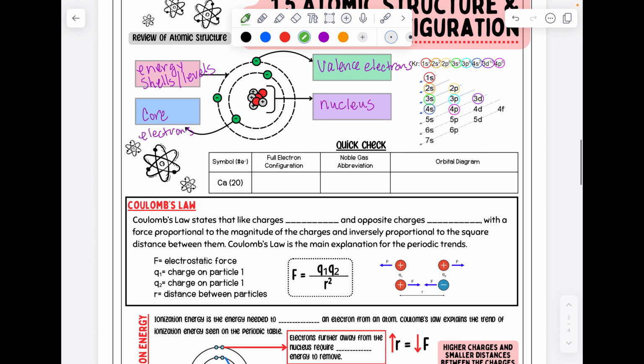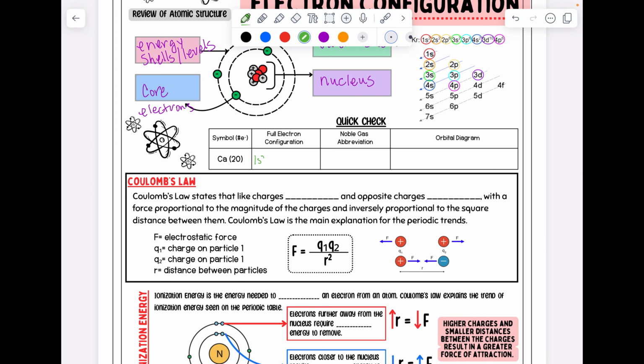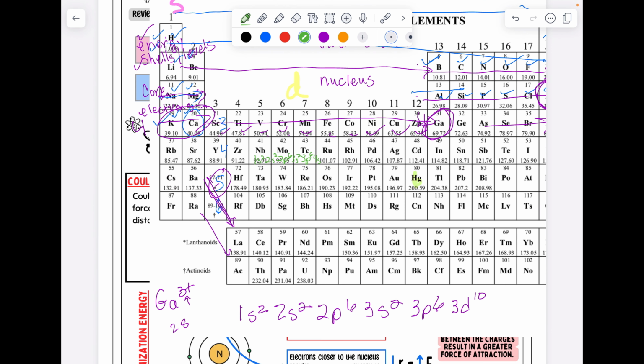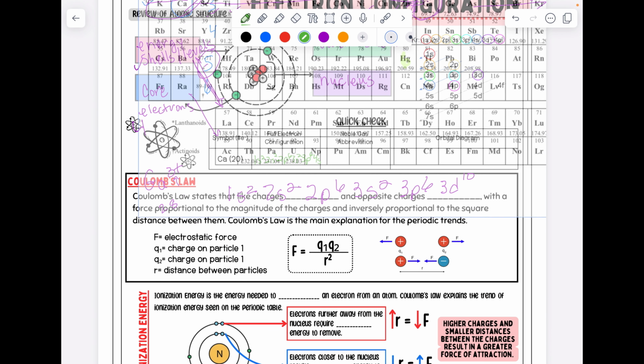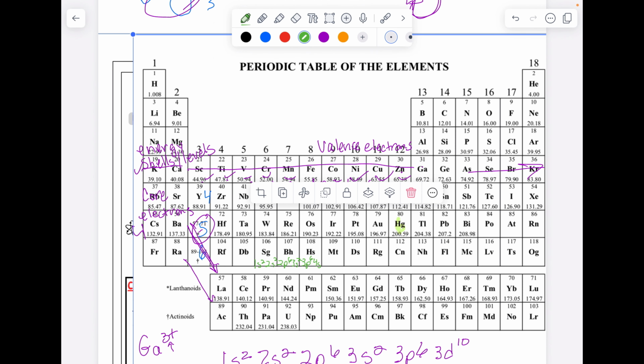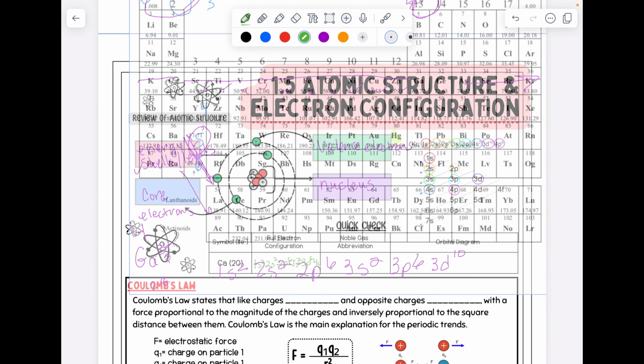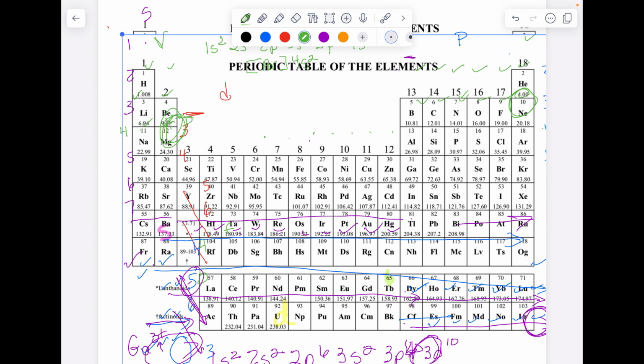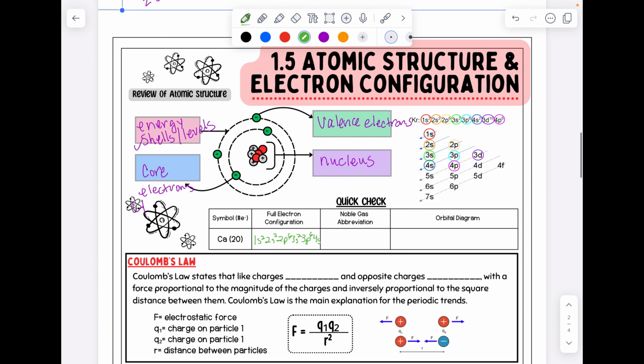So I have 1s2, 2s2, 2p6, 3s2, 3p6, and 4s2. You kind of start remembering them because it does get very repetitive. Oh no, my periodic table came down to greet me. So 4s2. And then we had Ar, 4s2.